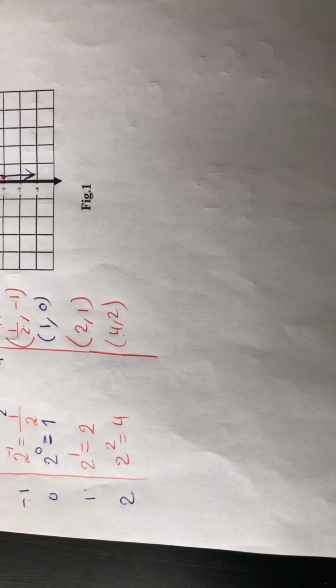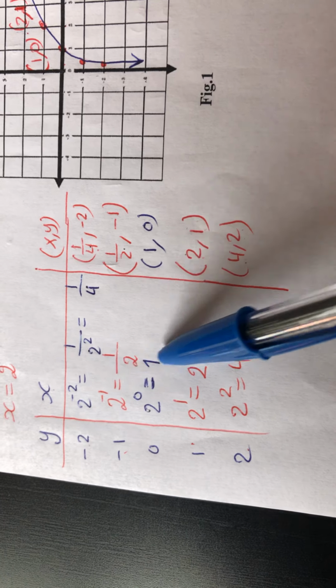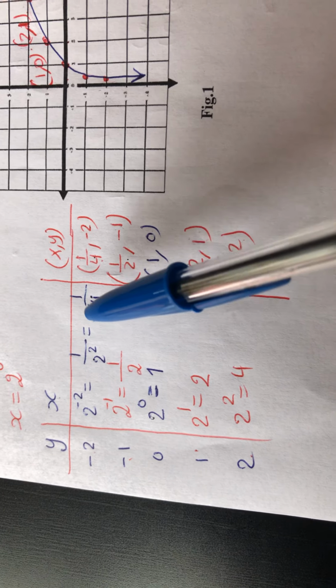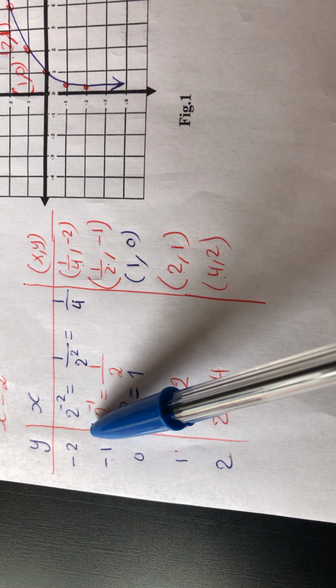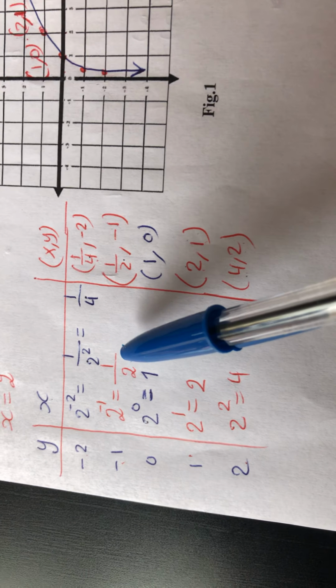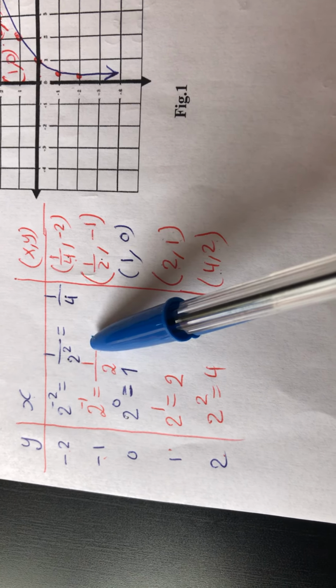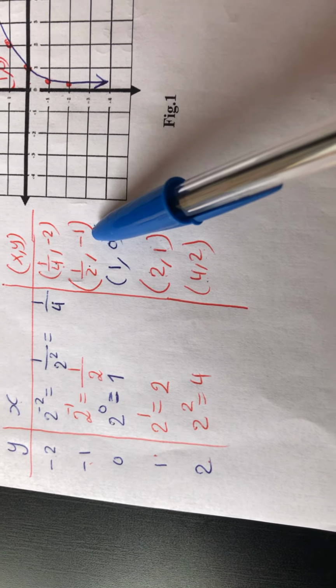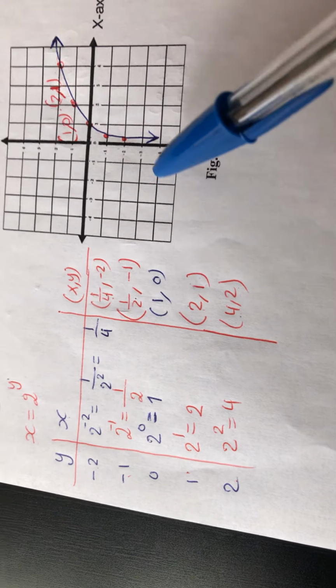So now the ordered pairs, here we have x, y. So this is x, and this is y. The first ordered pair is 1 over 4, negative 2. The second ordered pair is 1/2, negative 1: here x is 1/2 and y is negative 1, and so on. Now graph these ordered pairs on the plane.